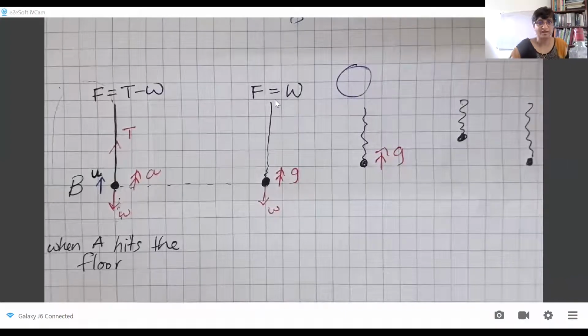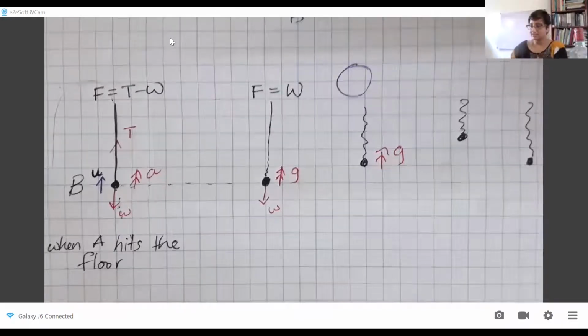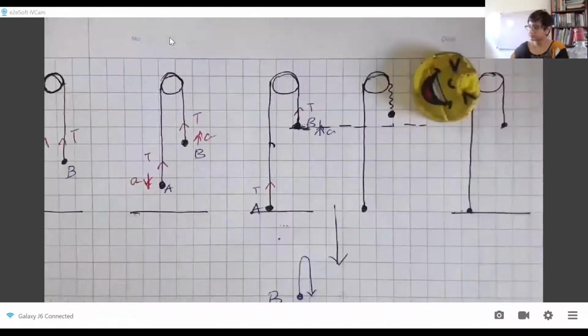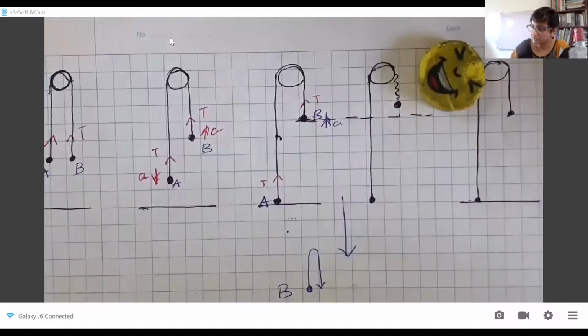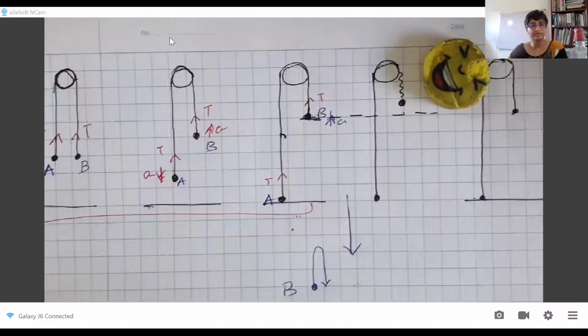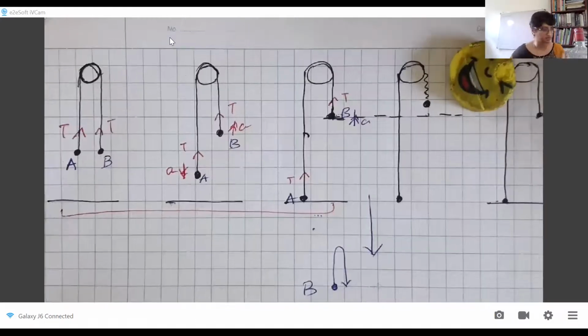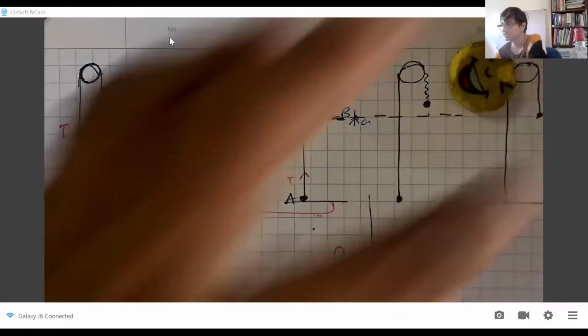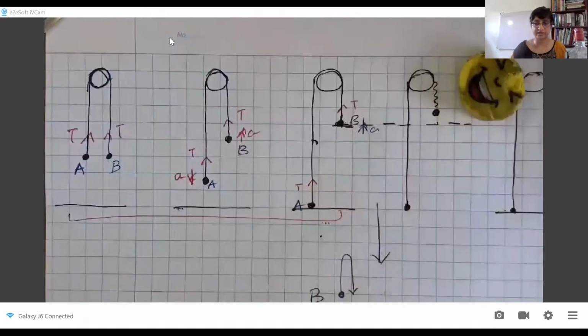Then let's now go back to that part 2. If I go back to this, from here to here, both A and B were accelerating with a certain acceleration, which we found to be 10 upon 3.